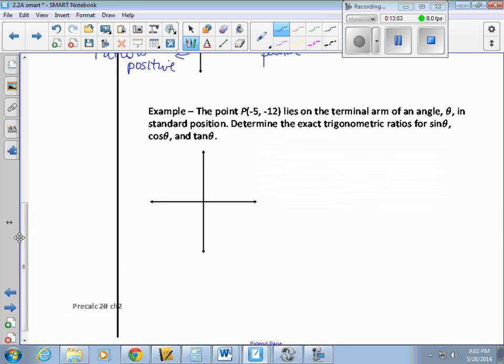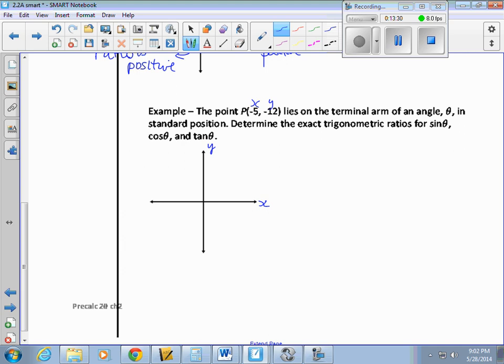Okay, so doing an example, we're going to do all of the solving for this one. Whenever you're given an example or a question like this, you need to make sure you draw it out. Get your Cartesian coordinate plane on there, label it, and then put your information on. So I have a point, -5, -12. Remember, this is my x and this is my y coordinate.